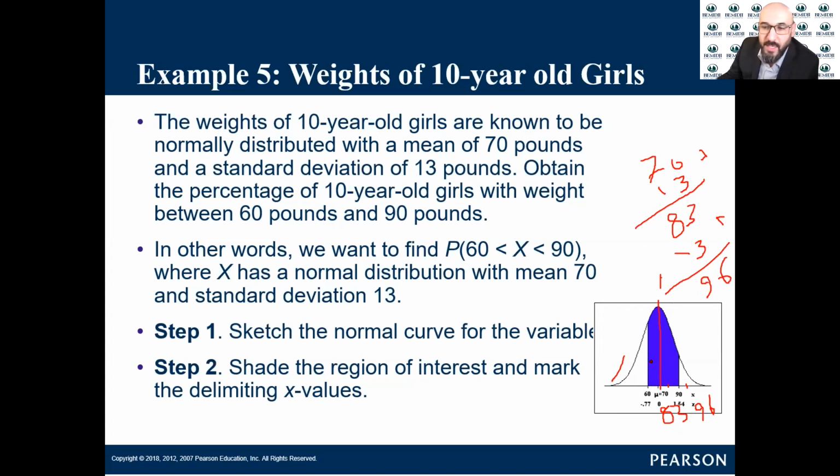Same thing on the negative side: 70 minus 13 would be 57, which is somewhere in here. And minus 13 again to find the minus 2 standard deviation, that would be 44.